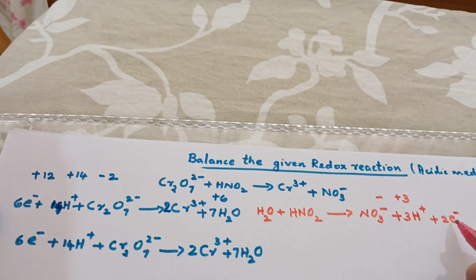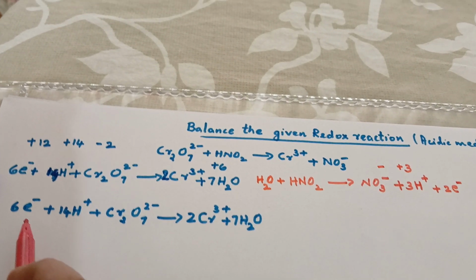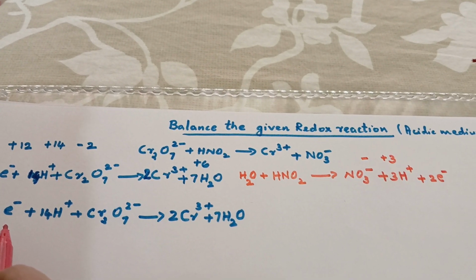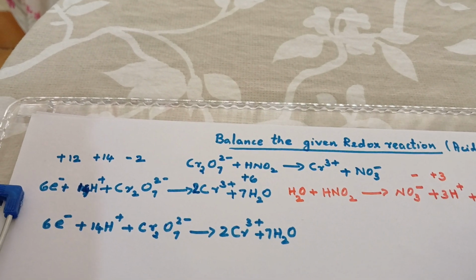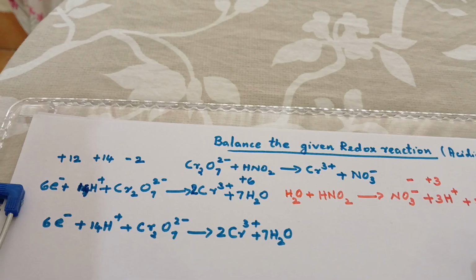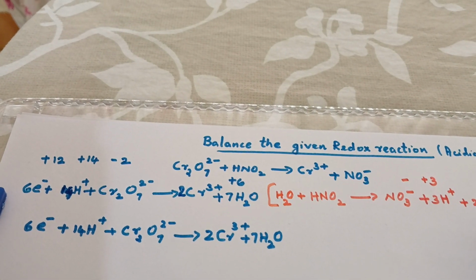So we have 2 electrons here and 6 electrons in our first half of the equation. So in order to make them both the same, we should multiply this equation by 3.